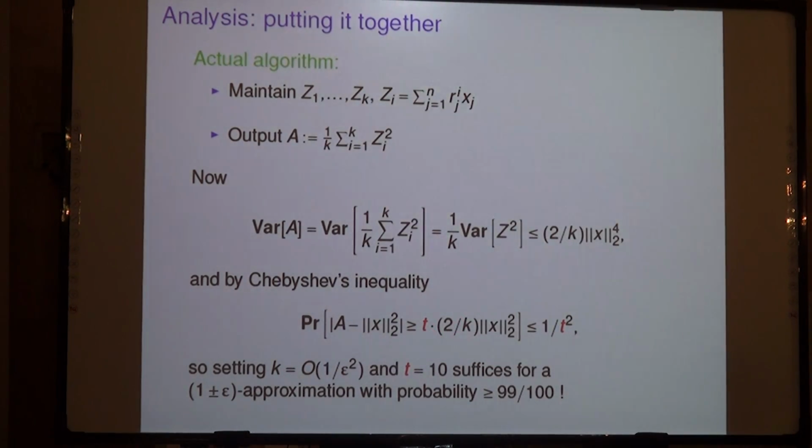So the probability of failure here depends on t. If I want 1 over t squared to be, say, delta, then I would need t to be 1 over root delta, right? To compensate for that, I would need k to be, yeah.